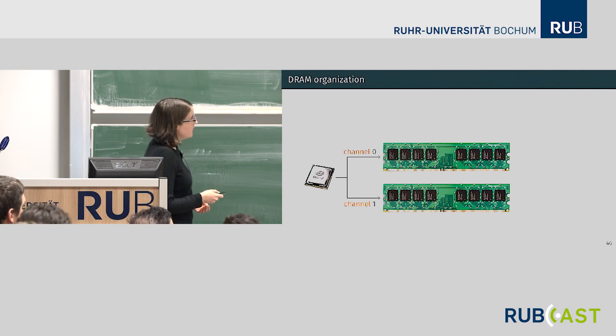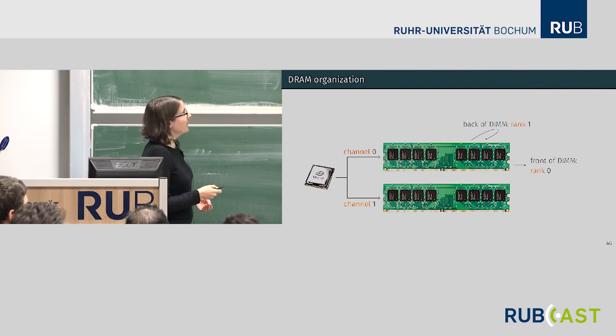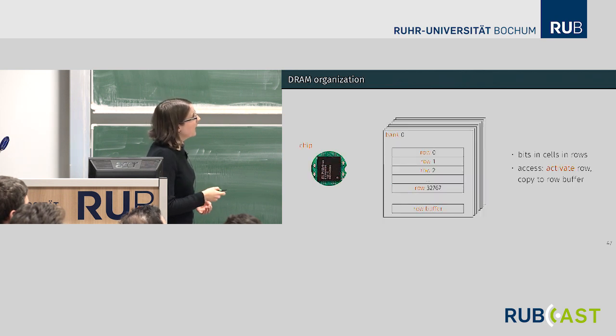So you will have different channels. Each side of the DIMM is called a rank, and you have different chips on each rank. Now, in one chip, you have different banks, and in one bank, you have different rows. And the bits themselves are cells in these rows.